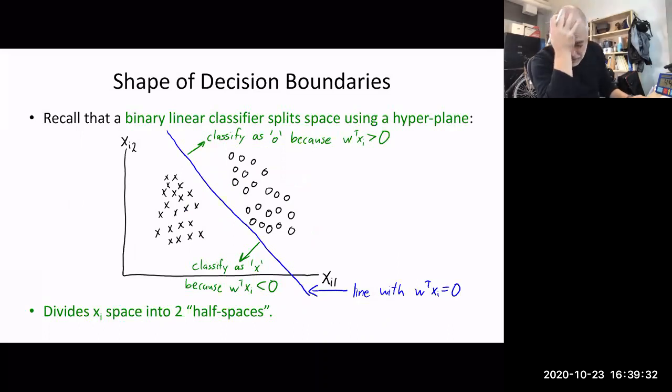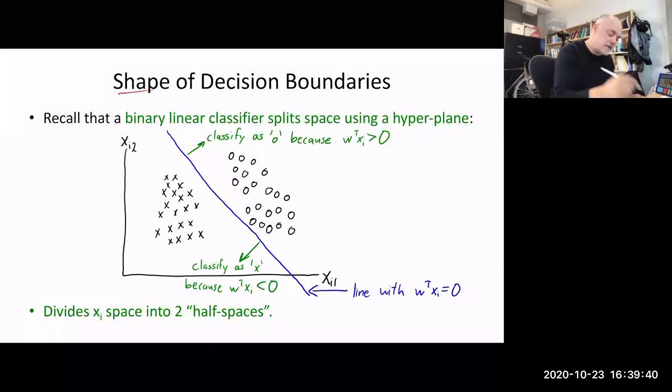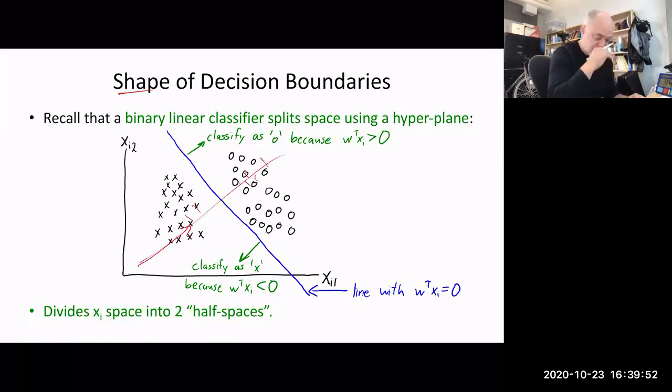If we do multi-class classification using one versus all in the manner we've just talked about, you should think about what the shape of the decision boundaries looks like, and it's kind of cool. So we know that a binary linear classifier splits using a hyperplane, projecting all the data points onto your parameter vector, and then that defines a hyperplane where it's equal to 0.